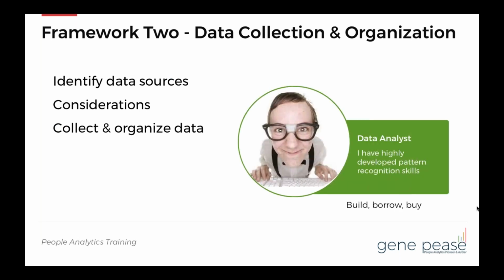Now here I need to add a teammate that's a data analyst. It's somebody that really likes to get into the weeds on, for example, Excel spreadsheets and find relationships in pivot tables. And we can talk about, maybe I don't have to build, which would be hire that person. Maybe I can borrow that talent or buy it.